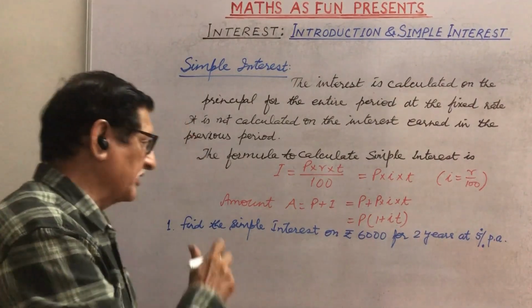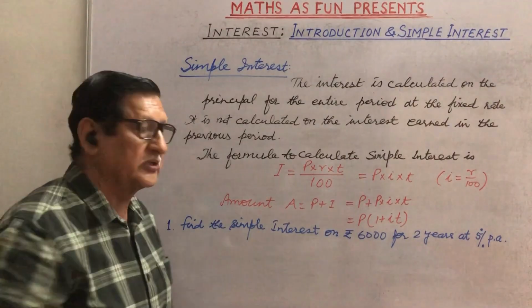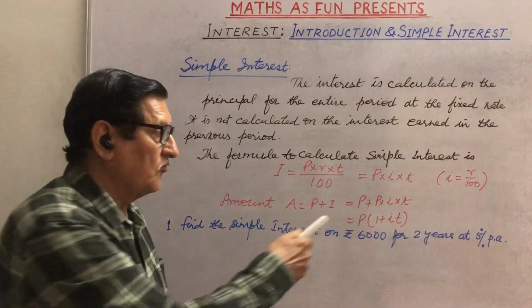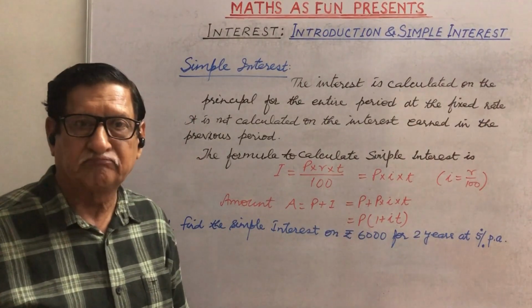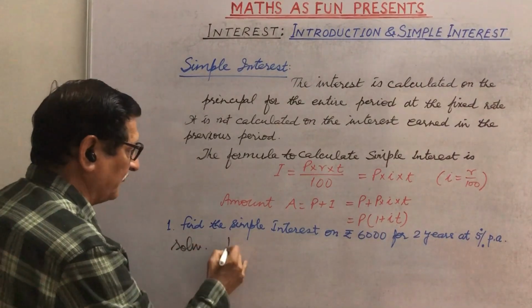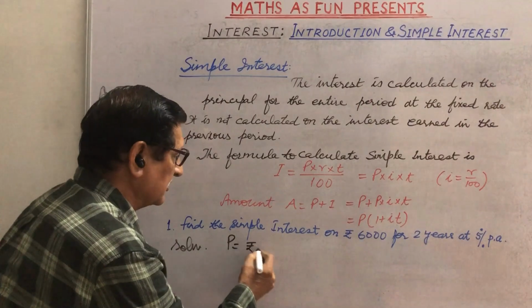Now we discuss some of the examples on this, and the first one here is: find the simple interest on rupees 6,000 for 2 years at 5% per annum. So here, according to the problem, when we go for the solution, we find P, the principal, is rupees 6,000.